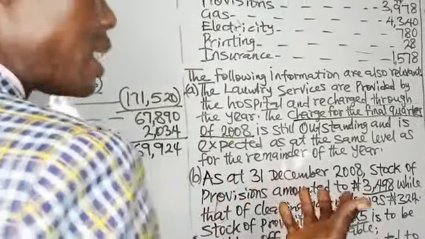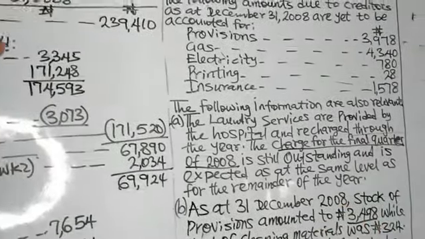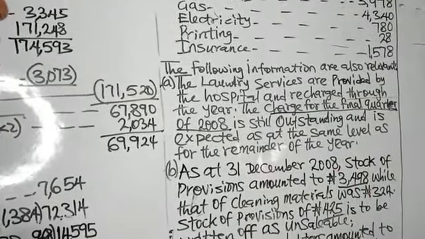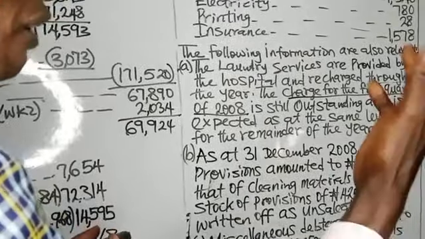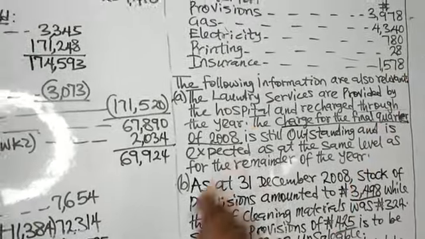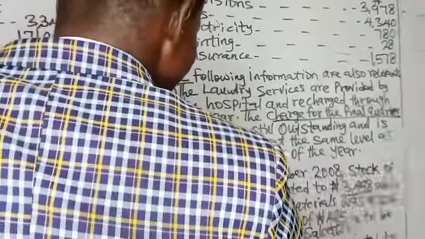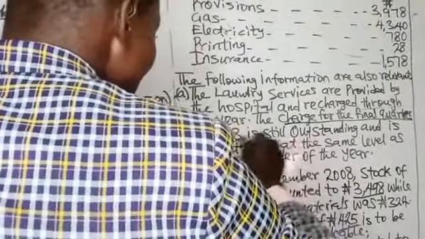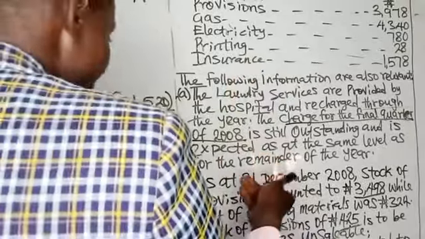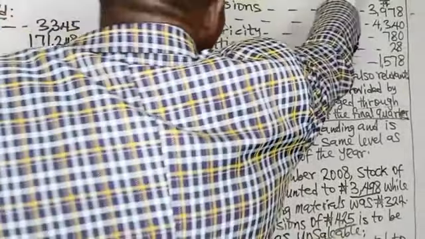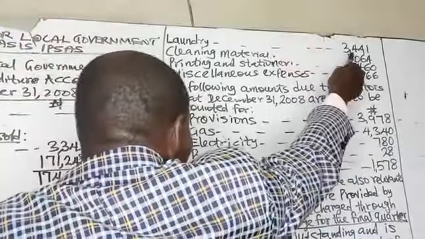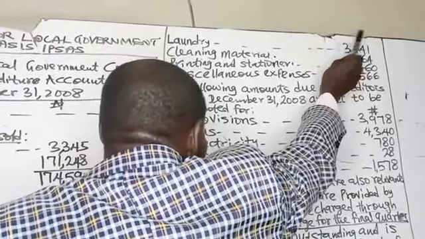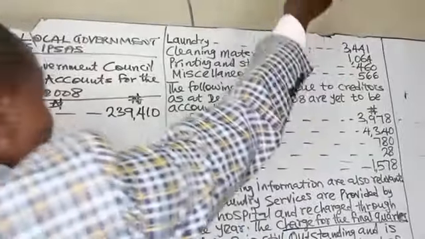We have 4 quarters in a year. One quarter ends in March, another in June, another in September, another in December, making 4 quarters in a year. So the amount charged for the last 3 months is still outstanding. That means the laundry of 3,441 does not include the one for the last 3 months. This is for the first 3 quarters of the year 2008.